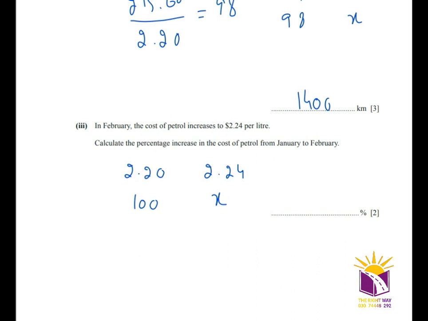So x will be equal to 2.24 multiplied by 100, cross multiplication, divided by 2.20, which equals 101.8. So the percentage increase is 1.81%.